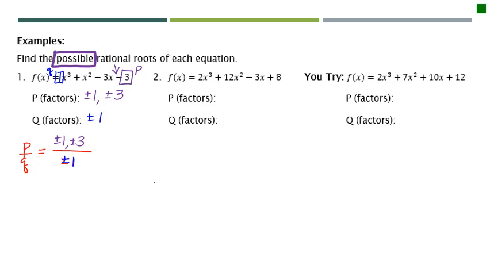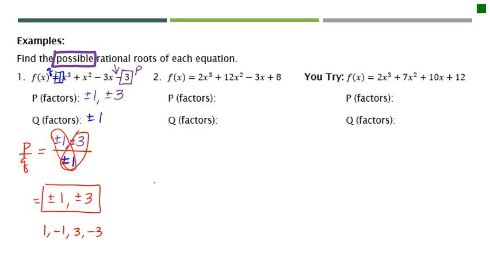So I'm going to do 1 divided by 1, which is 1, and the plus or minus just hangs along with everything. And then 3 divided by 1, which is 3. So here are my options. There are actually a total of 4 possibilities here, because I have positive 1, negative 1, positive 3, and negative 3. It looks like 2, but each of those has a positive and a negative, so it's actually 4.